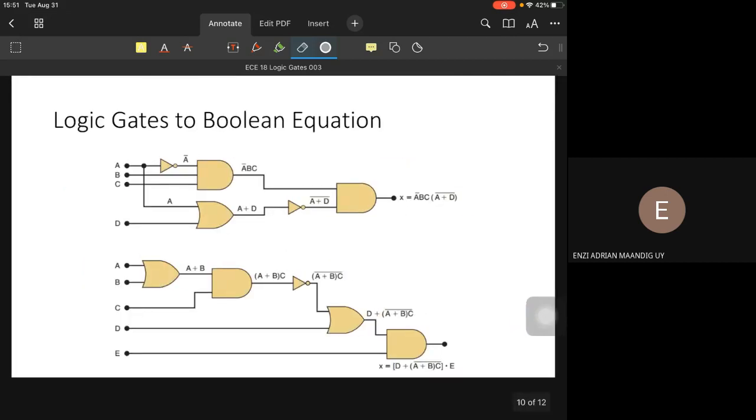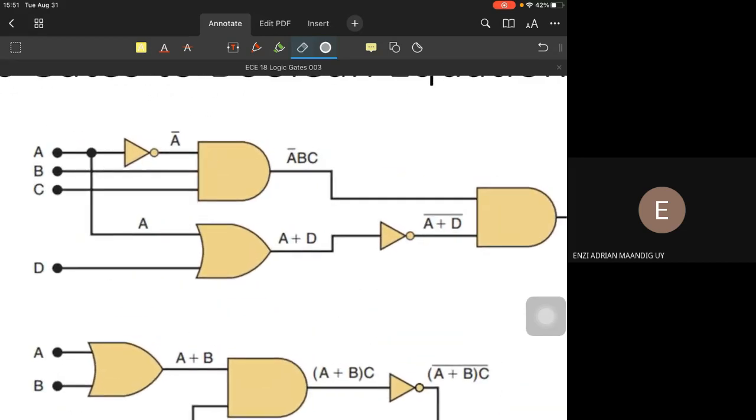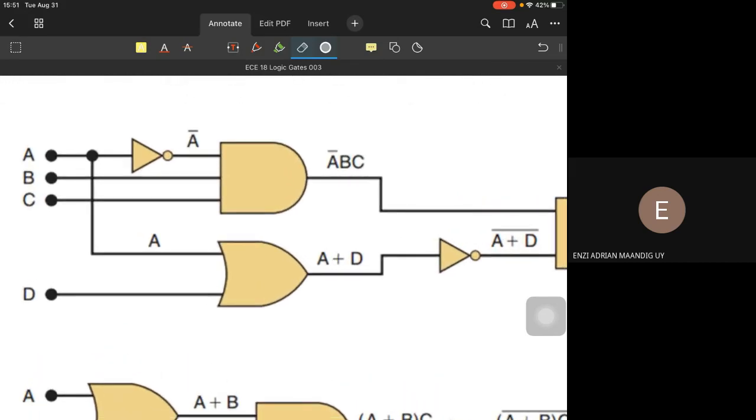So, logic gates to Boolean equation. How do we convert a logic gate to a Boolean equation? Actually, we map, the same as when we mapped CMOS circuits. If this is the input A, going through here it's still A, and going through here it's still A also.